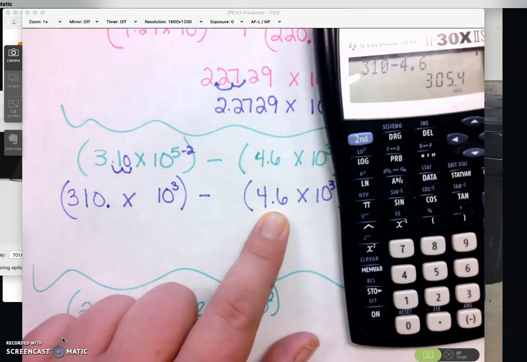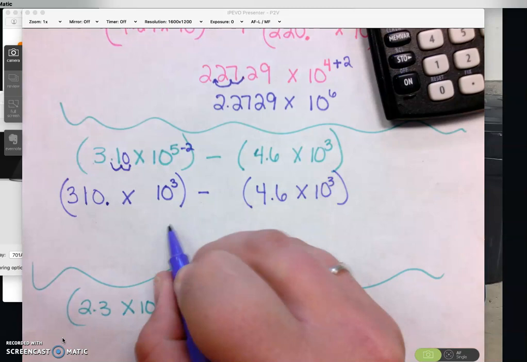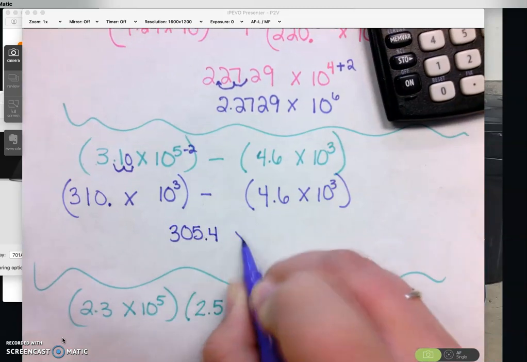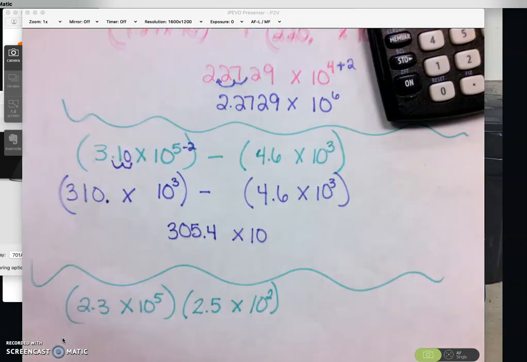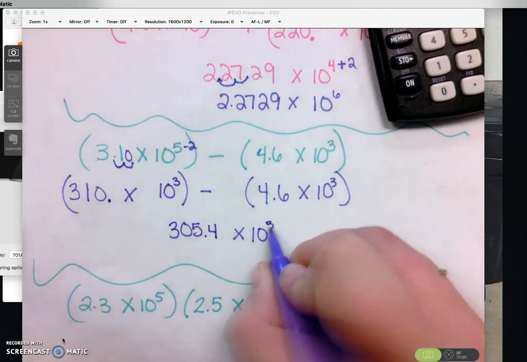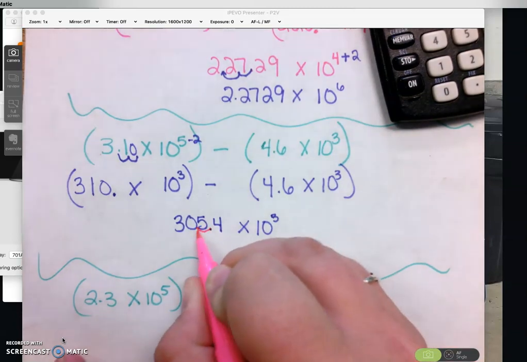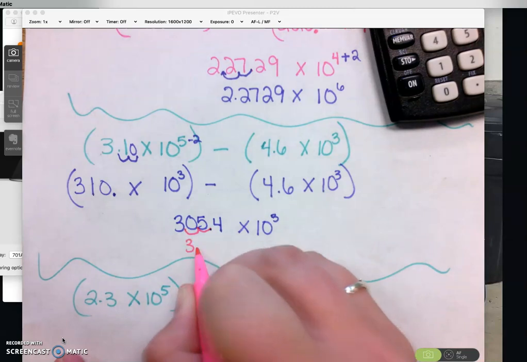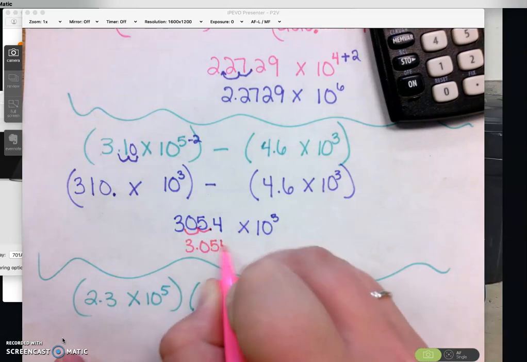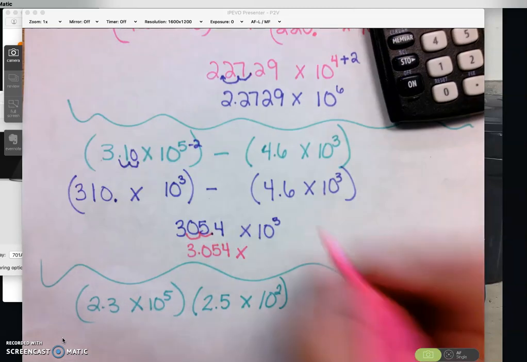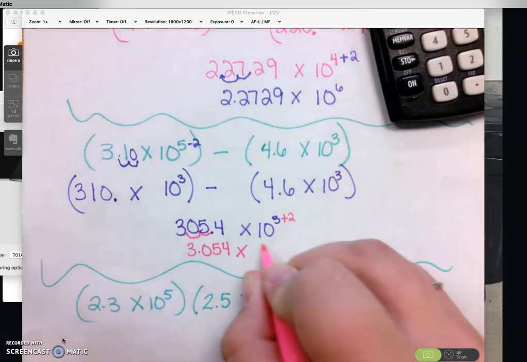I have 305.4 times 10 to the what? 3rd power. Again, we're going to move our decimal. We want to move it from here over to here. I made my decimal number smaller, so I have to make my exponent bigger by 2.